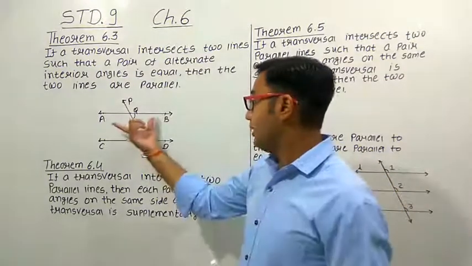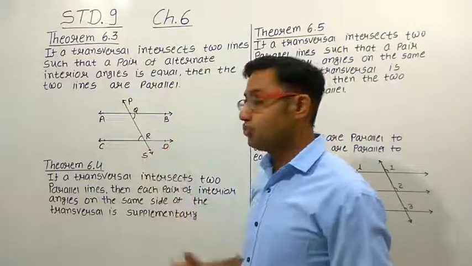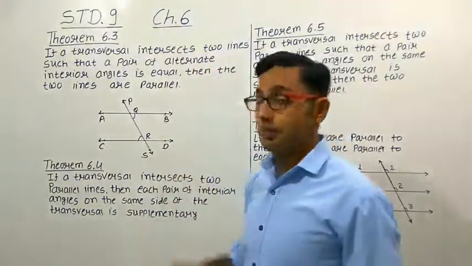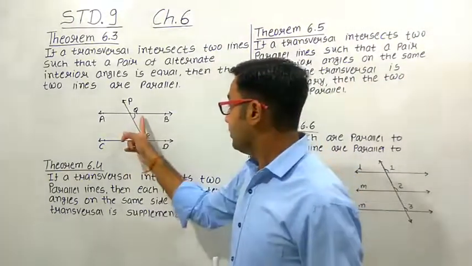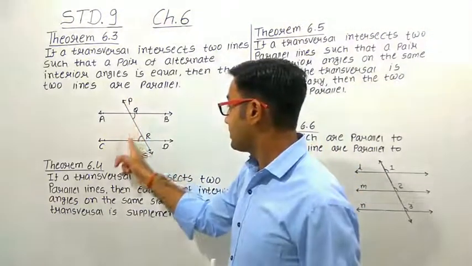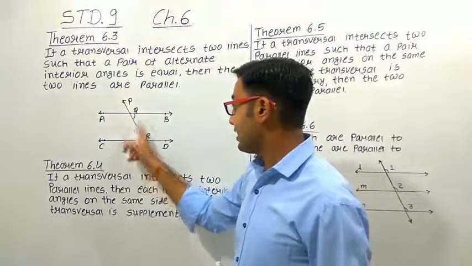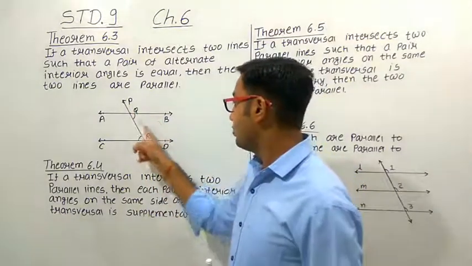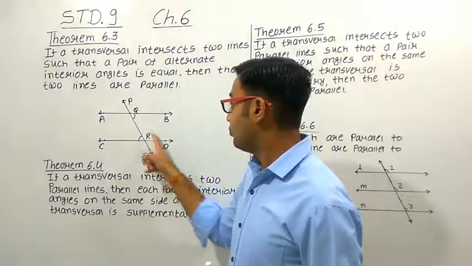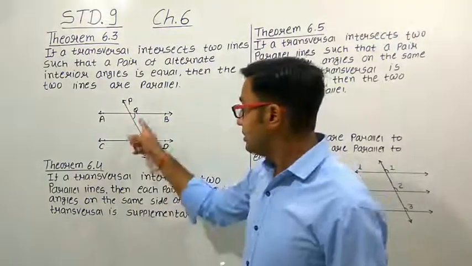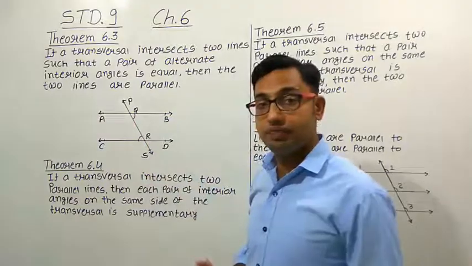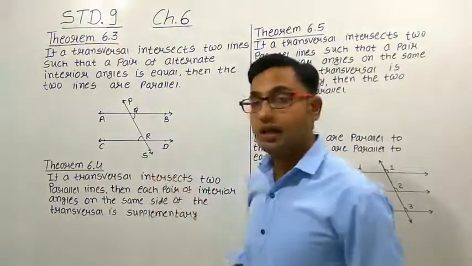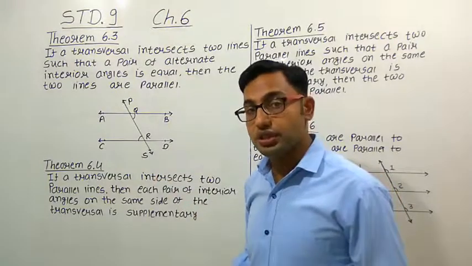Now see, if AB and CD are two lines, first of all we are not given that they are parallel. But we can see that these two angles make a pair of alternate interior angles, that is angle BQR and angle QRC. If both these angles are equal, then we can say that lines AB and CD are parallel to each other.